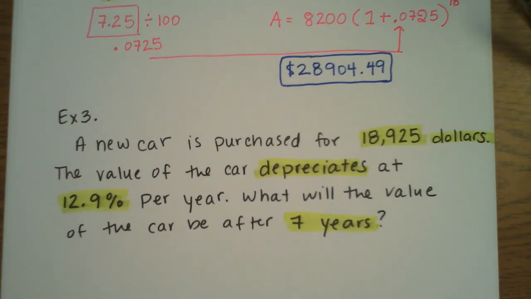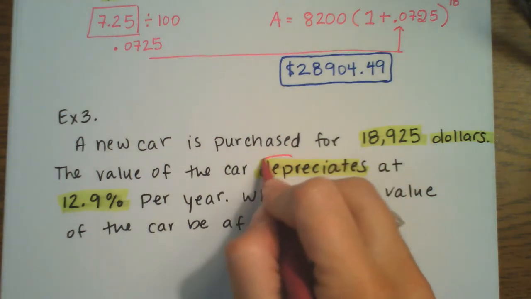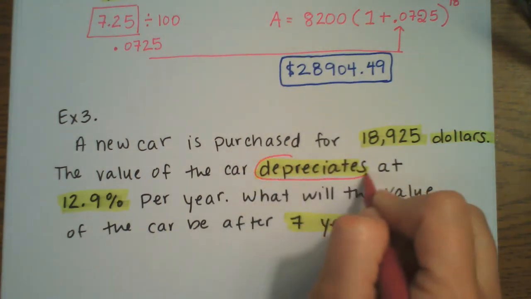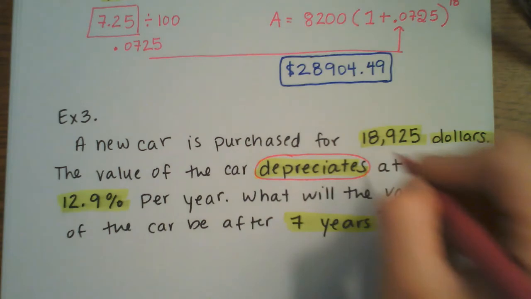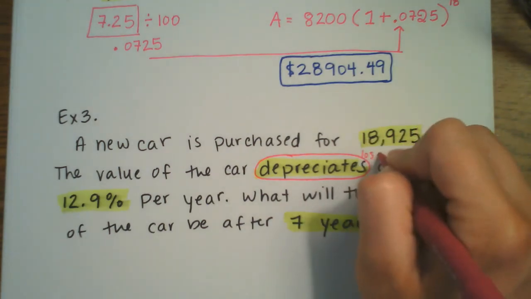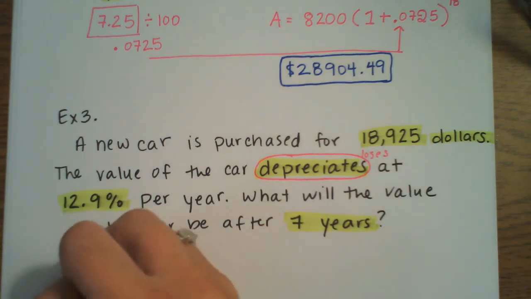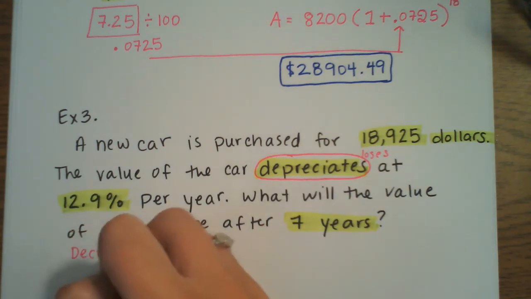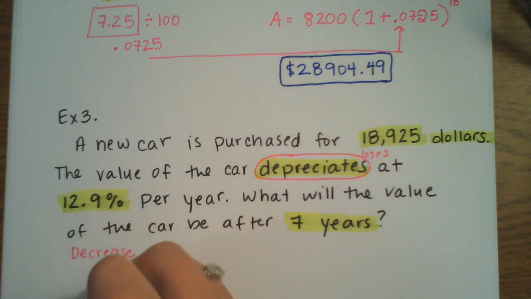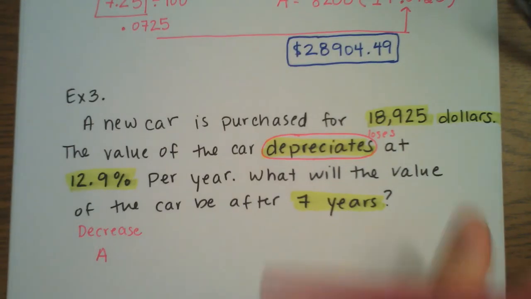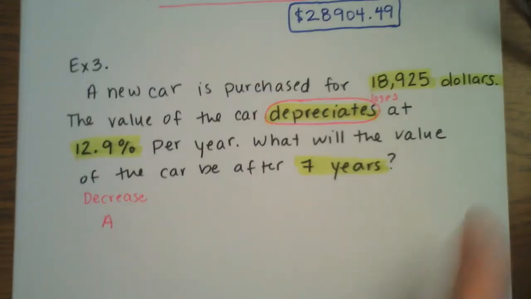So that word depreciates means it loses value. So that's going to make us use the decrease formula. And that only changes the fact that it's not a plus in the middle, now it's a minus.